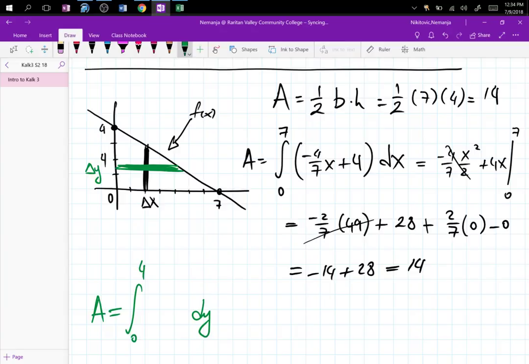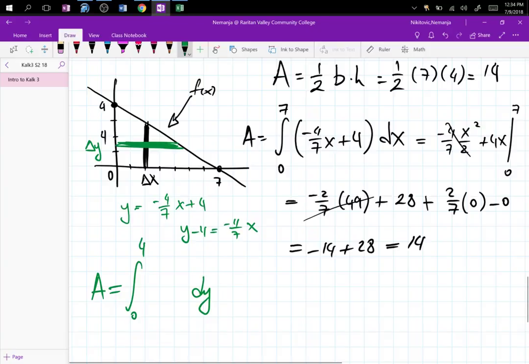That's not defined yet. So if your limits are y1 and y2 and your integral is in terms of y, then your function better be in terms of y. Now you already have that y is equal to negative 4/7 x plus 4. So just massage that a little bit and you will have x equals everything else. So you have y minus 4 is equal to negative 4/7 x, and from there x is equal to negative 7/4 times (y minus 4). Great. That goes here.